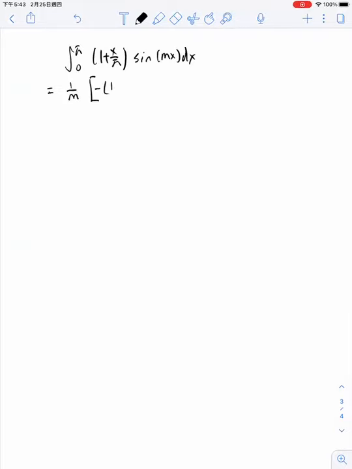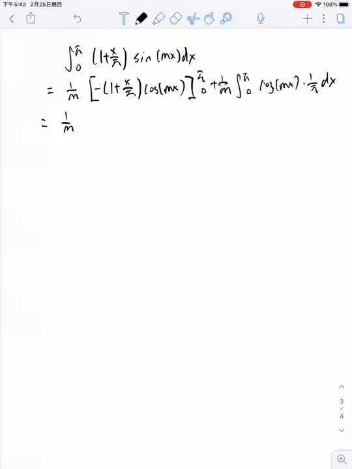First, we do the integration by parts. You get the first term equal to 2 cosine m pi plus 1, and the second term equal to 0.